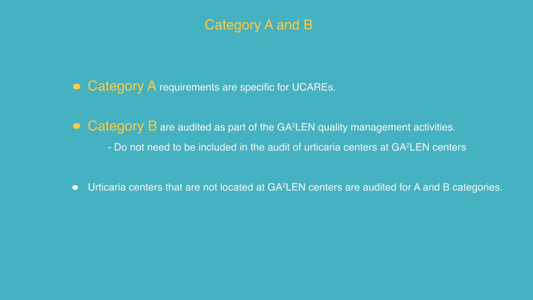Category B requirements are audited as part of the GA² quality management activities. Consequently, Category B requirements do not need to be included in the audit of urticaria centres at GA² centres. Urticaria centres that are not located at GA² centres are audited for A and B categories.